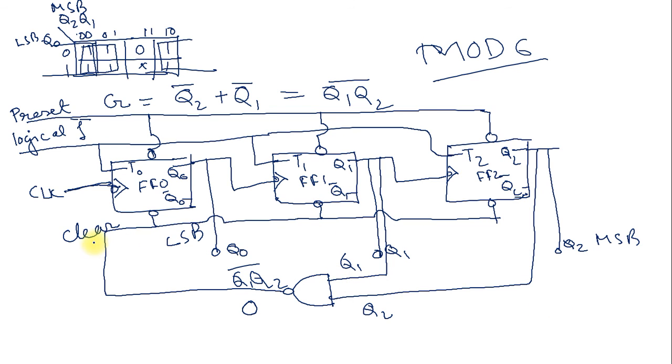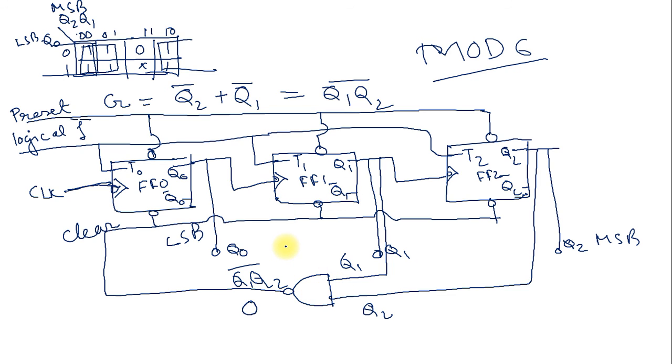That is the feature of this clear. If we provide 0 to the clear, then it clears the memory of the flip-flops and comes to the initial condition, that is 0 0 0. So this is the circuit diagram of the mod 6 counter.